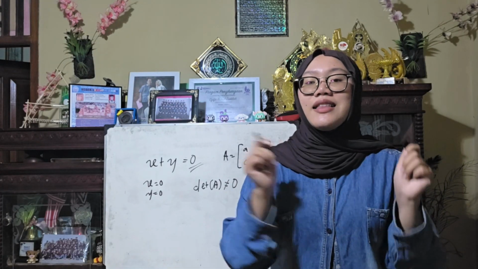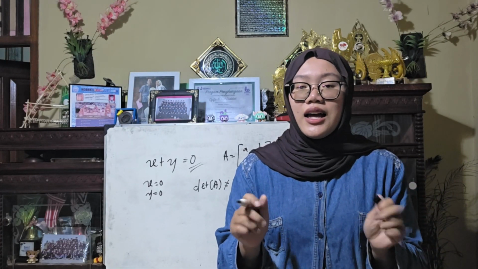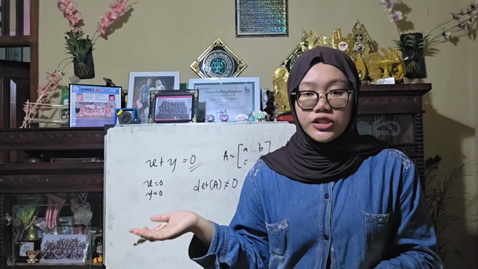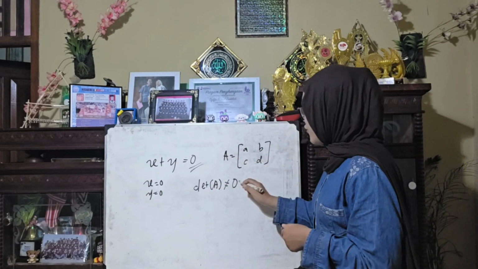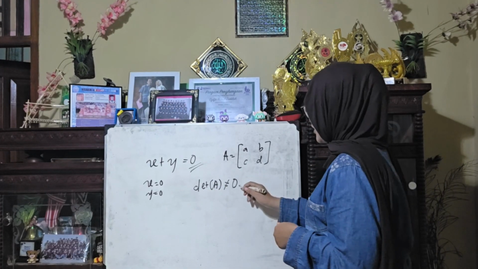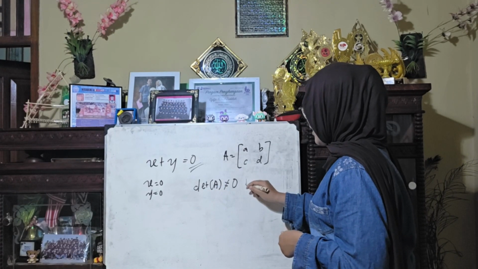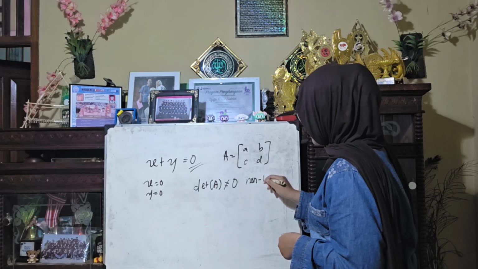That means that they only meet at one point. The solution is only x equals 0. So if your determinant is not equal to 0, this means we don't have a non-trivial solution.